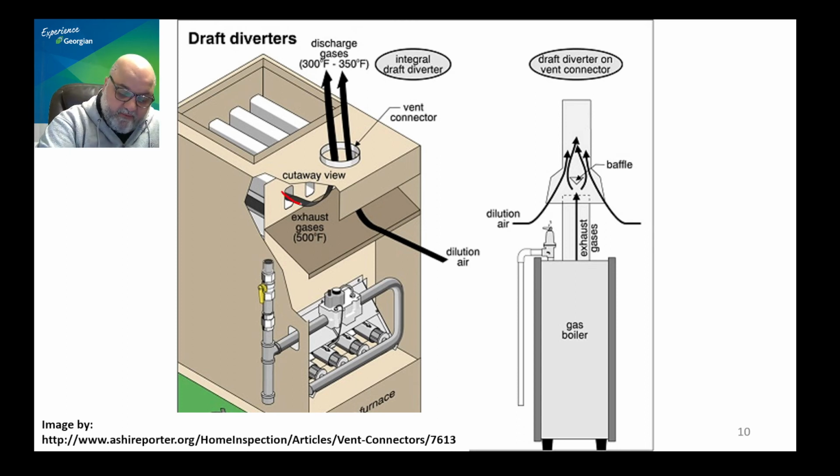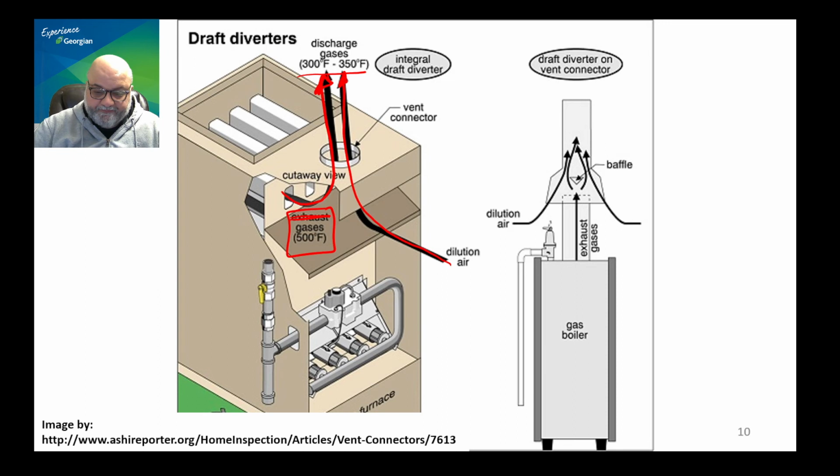This appliance, for example, has high exhaust gas, it shouldn't say exhaust, it should say flue gases of 500 degrees Fahrenheit that are mixed with the dilution air from the room, and the temperature is dropped to 300 to 350 degrees Fahrenheit.